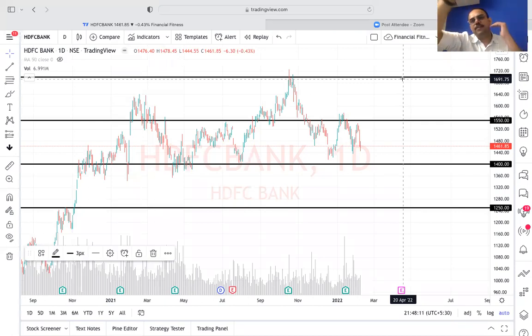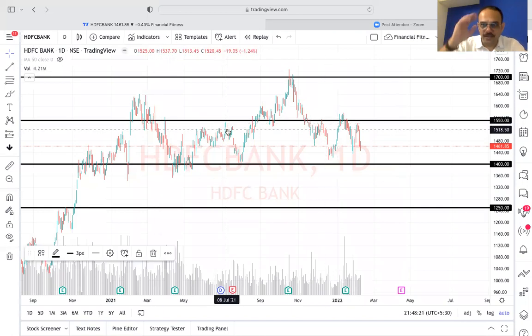A gap between two support and resistance levels should be anything between 10 and 15%. You cannot say 10% exactly, you have to see where it is actually having the support and resistance. Okay, 10 to 15%. The gap between support and resistance will be 10 to 15%.